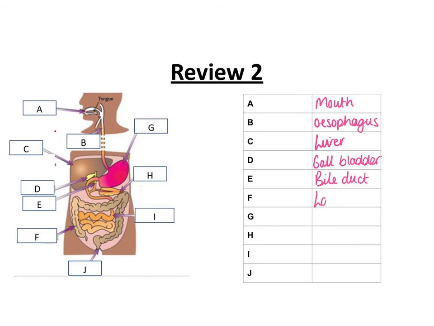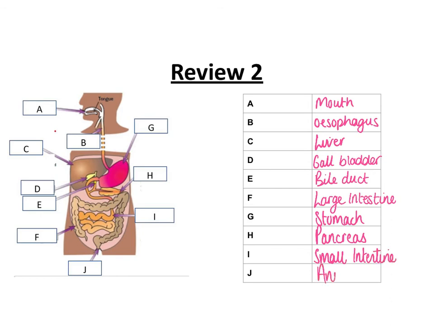F is the large intestine. G is our stomach. H is the pancreas. I is the small intestine. And J is our anus. Excellent, I'm glad you got 10 out of 10.